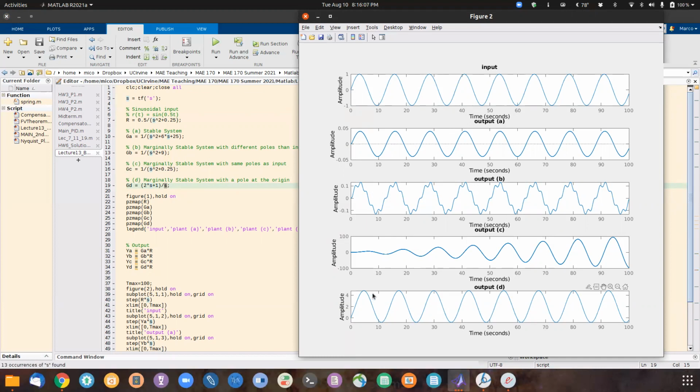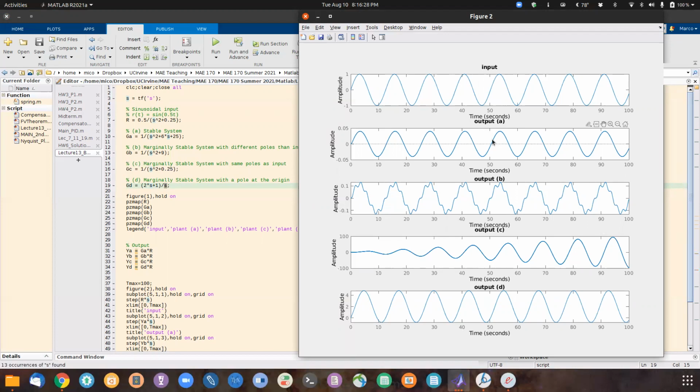So the average value is not 0 anymore, but it's going to be a positive value or negative value, depends. But qualitatively, the output looks exactly like the output for case A.